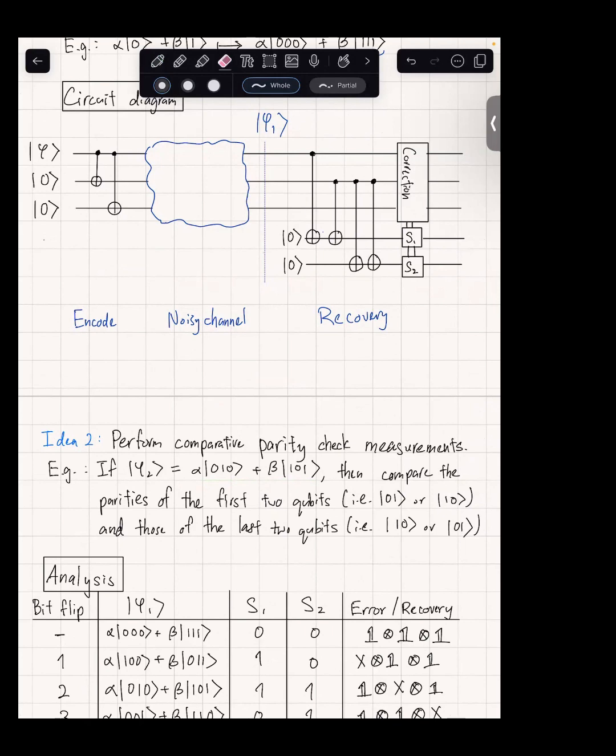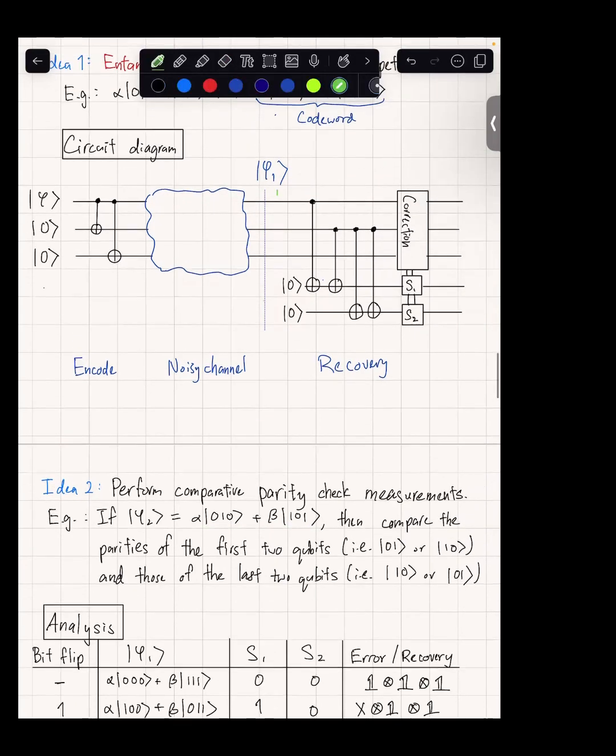So what we would do then is to compare the parities of the first two qubits as well as the last two qubits. And that is performed by this part of the circuit diagram here. So as you can see, it takes a CNOT of the first qubit and the second qubit together. And that will be the first ancilla qubit that we have. For the second ancilla qubit, we would perform a CNOT of the second and the third qubit.